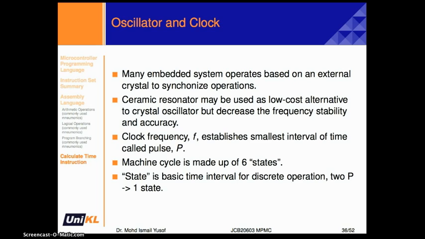overcomes these issues. Both of these oscillators generate pulses and frequencies. In this case, we call it the clock frequency, written as small letter f. It establishes the smallest interval of time, and we call the pulses p.